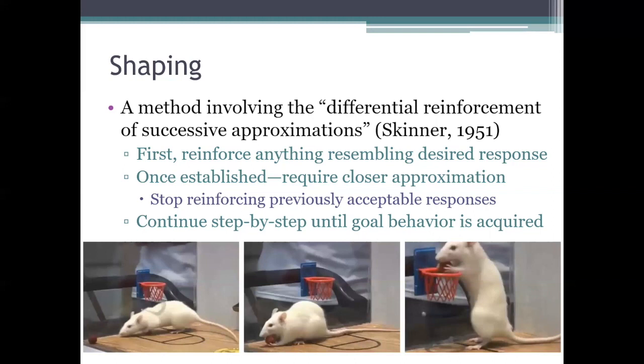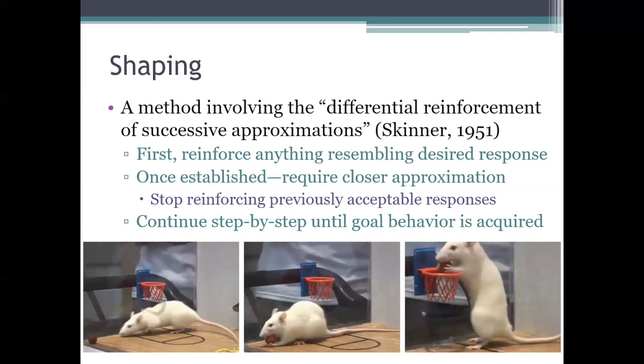Now just touching the ball isn't enough anymore. Now maybe the rat has to actually pick up the ball to get the reinforcer. And then once it's doing that, maybe it has to pick up the ball and move toward the hoop. Then maybe it's got to get even closer to the hoop. Then maybe it has to raise up on its hind legs while it's near the hoop, and so on and so on. So you keep going like that.